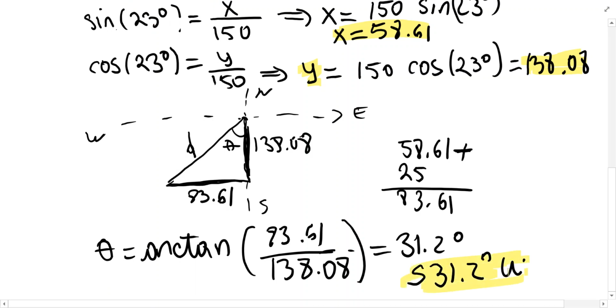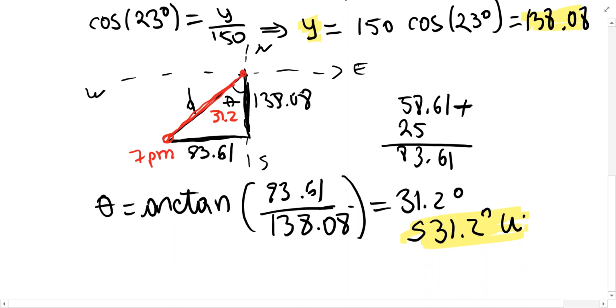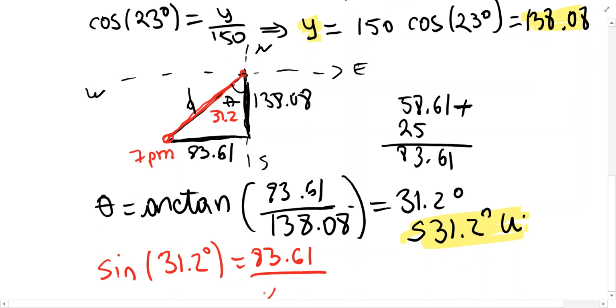Now that I know this angle theta is 31.2, to find the distance of the ship from the port at 7 p.m., I just need to apply a trig function that involves this angle and either one of the sides. Let's do sine. Sine of 31.2 degrees is the opposite, which is 83.61, over the hypotenuse, which we call d.